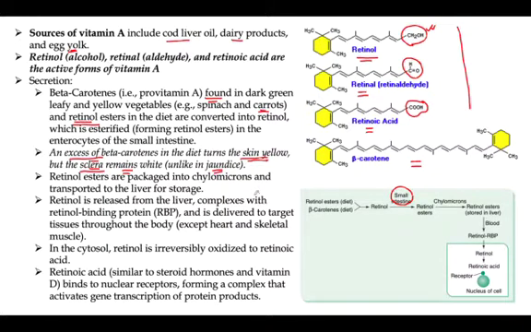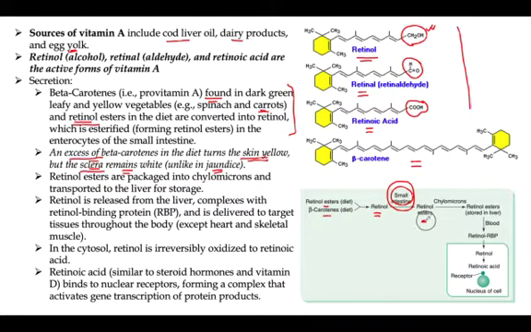I mentioned here that beta carotene and retinol esters derived from the diet are converted to retinol in the small intestine, and also in the small intestine this retinol is converted to retinol esters.